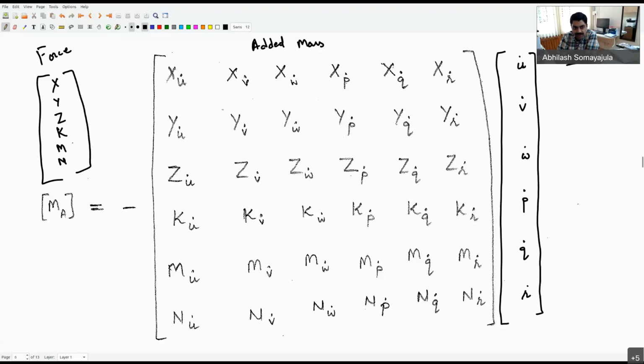The last three were the moments about roll, pitch, and yaw. So when I write this first coefficient, it represents nothing but the rate of change of X, which is the force in x, with respect to the acceleration in surge.